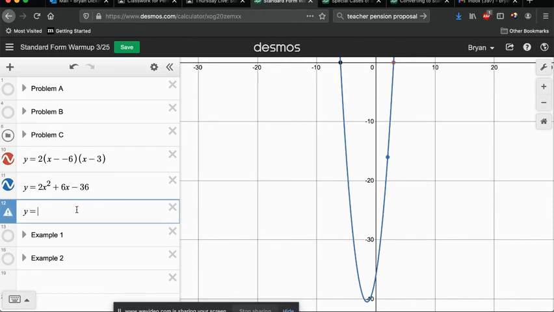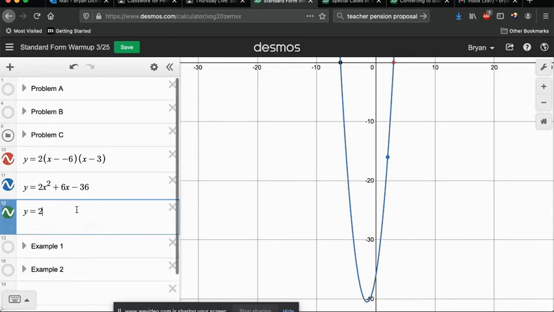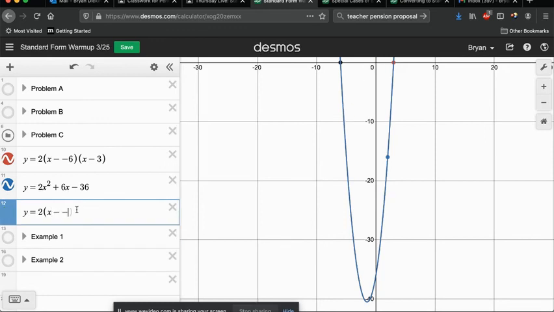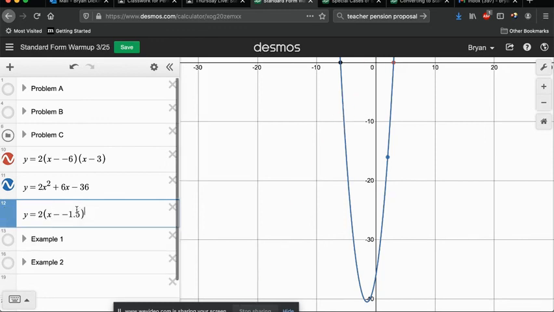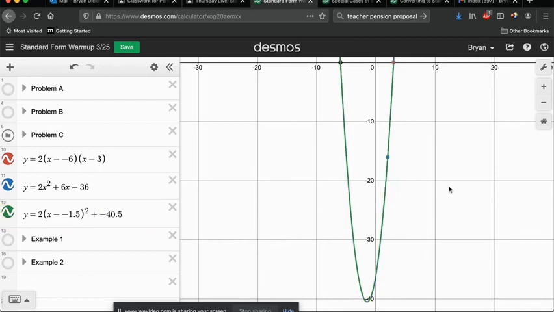And so we already know the a value is 2, so x minus negative 1.5 to the second power plus negative 40.5. Now, all of a sudden, I have my third version of the equation because, once again, by graphing the curve, it revealed to me what the vertex was, and then I could quickly find the vertex format.